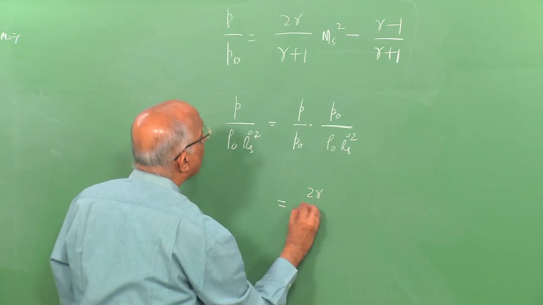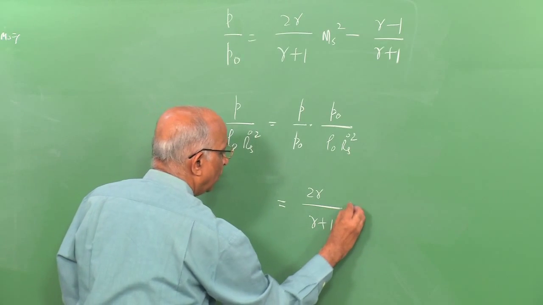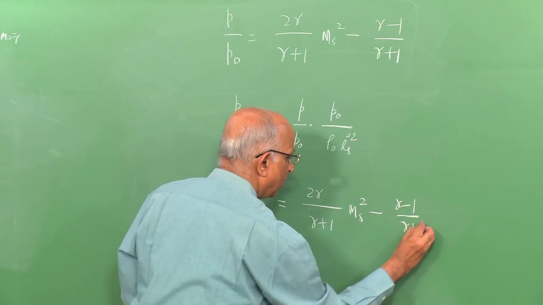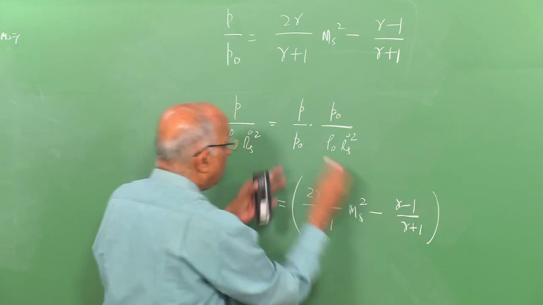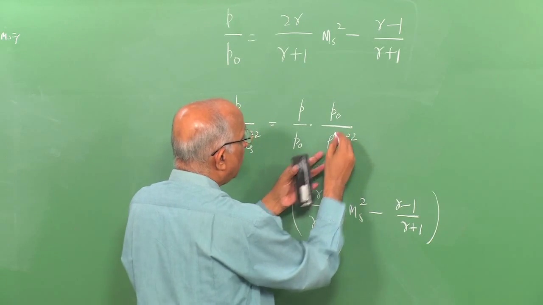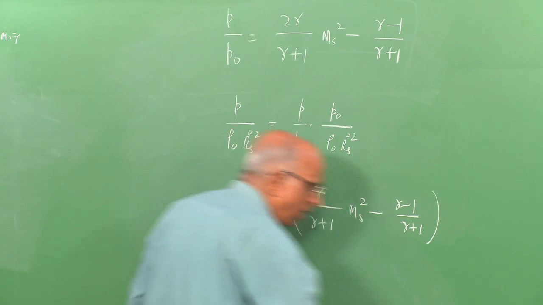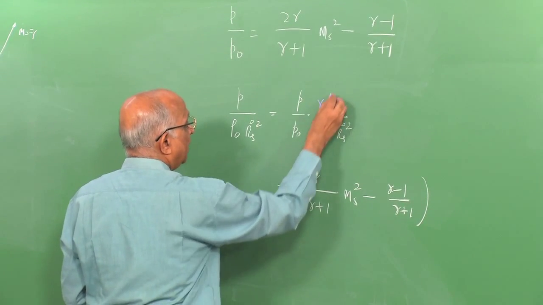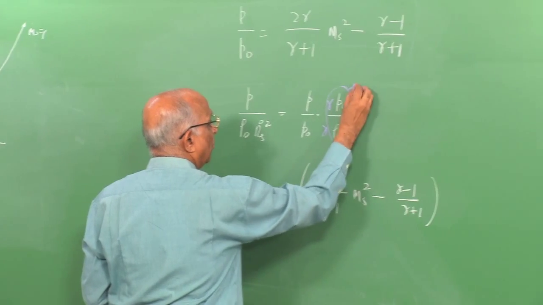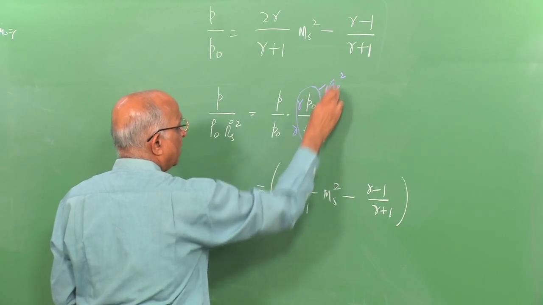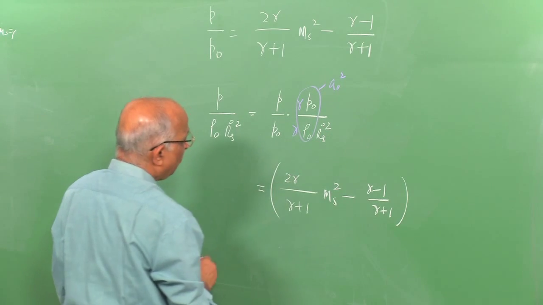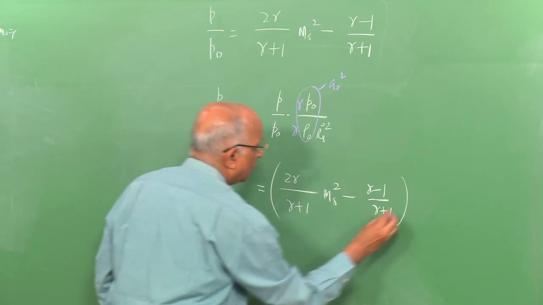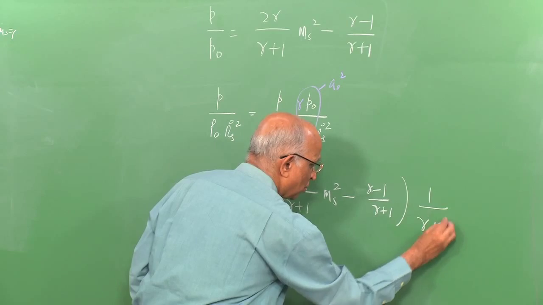I get 2 gamma divided by gamma plus 1 into ms square minus gamma minus 1 divided by gamma plus 1 into, this is the value of p by p 0 into p 0 by rho 0. If I were to multiply both the numerator and denominator by gamma over here, I get gamma p 0 by rho 0 is equal to a 0 square, and r s dot square divided by a 0 square is equal to Mach number square.